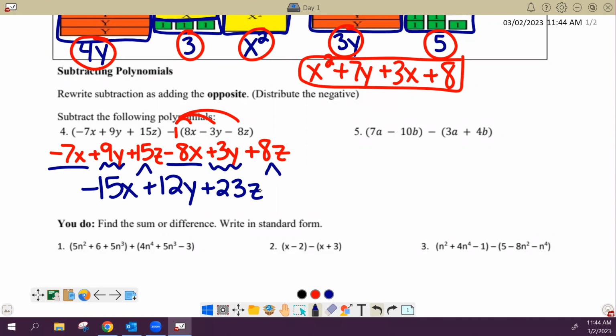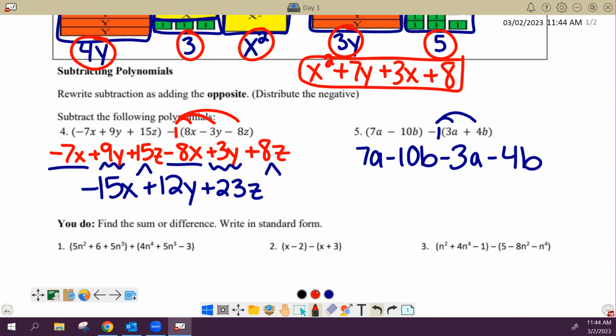So last one, number 5. Again, if I look at those parentheses, I look in the middle, I see a minus sign. So now I know I need to do that extra step. Distribute the invisible -1 back behind it. So copy the first part. There's no need for those parentheses. So the second part, a -1 times 3a is -3a. -1 times 4b is -4b.